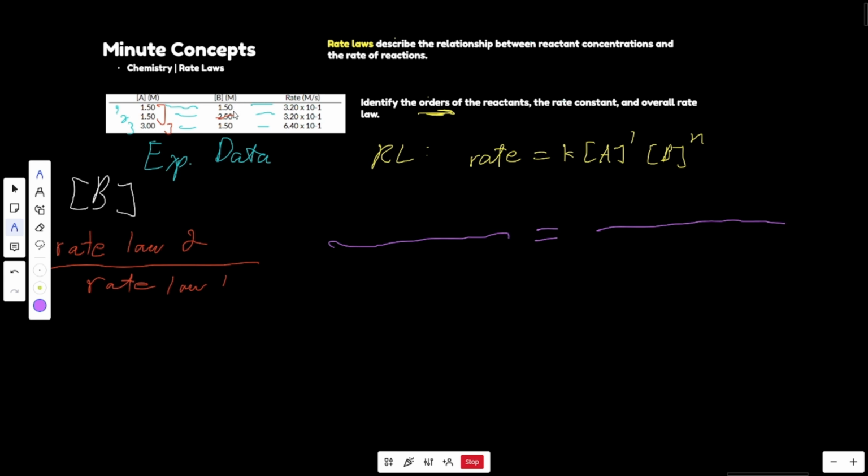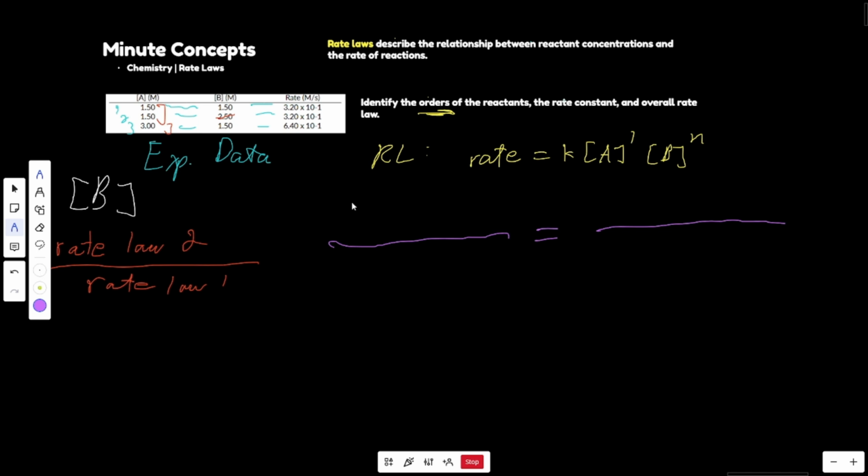So here we can see between 1 and 2, concentrations of A are the same. So that's what we're going to be looking at first. And the concentration of B is actually also changing. So that this could actually be the rate that we're going to be using. So we're between trials 2 and 1. Trial 2 has a greater value for B. So we're going to be putting that on top.